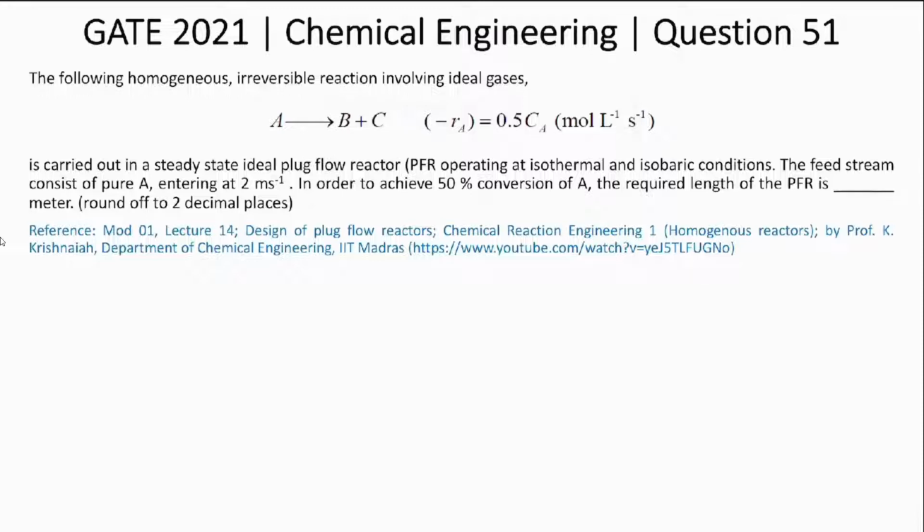So isothermal means the temperature is constant and isobaric means the pressure is constant. The feed stream consisting of pure A enters at 2 meter per second. In order to achieve 50% conversion of A, the required length of PFR is dash meters rounded off to two decimal places. Right.